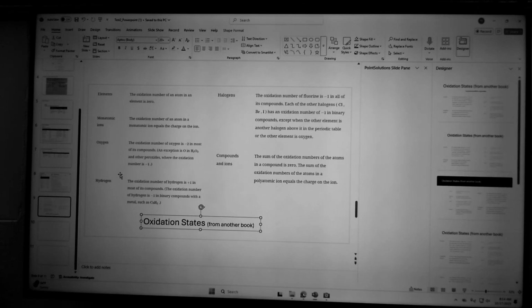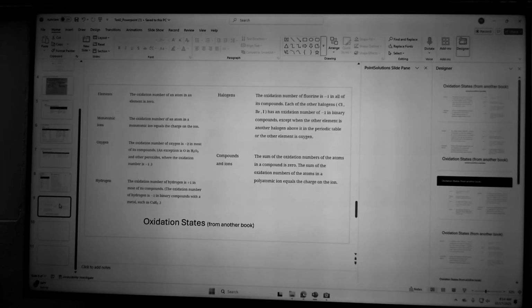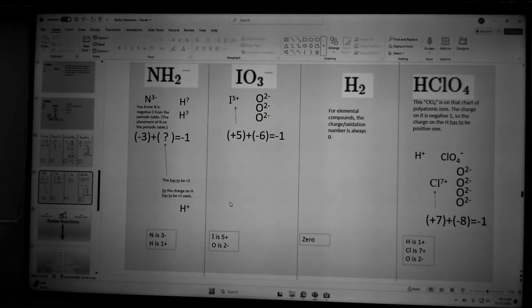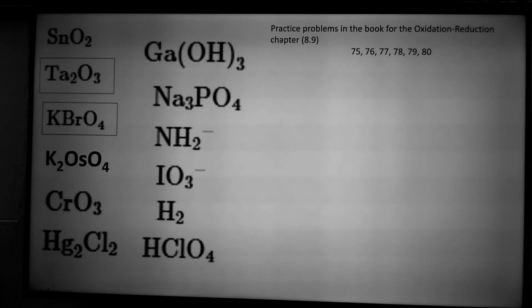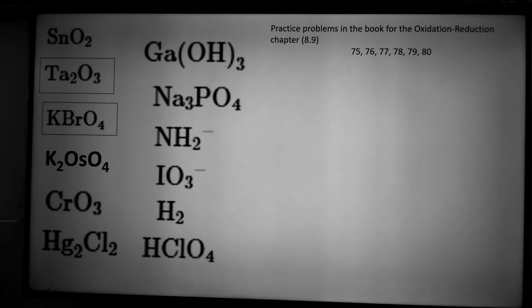But I think if I just take you through this process, it'll be more obvious how you assign oxidation states. I sort of have my own method that I've developed over the years, and that's one here. Notice in the top right there, practice problems for oxidation reactions. This is for our book.